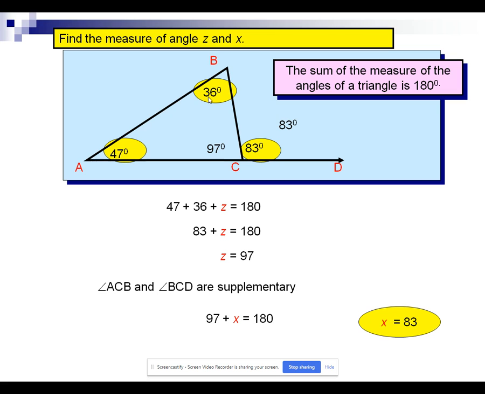Look at the numbers and see if you can figure it out on your own. What can you do with this angle and this angle to figure out the outside angle? Hopefully some of you notice that if you add them together, 47 plus 36 equals 83.